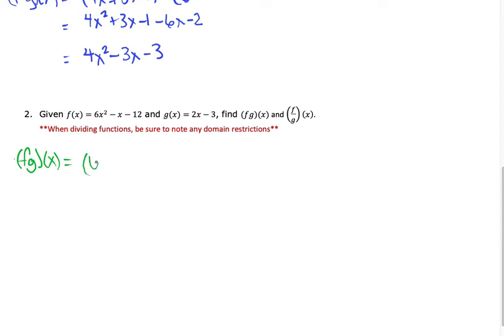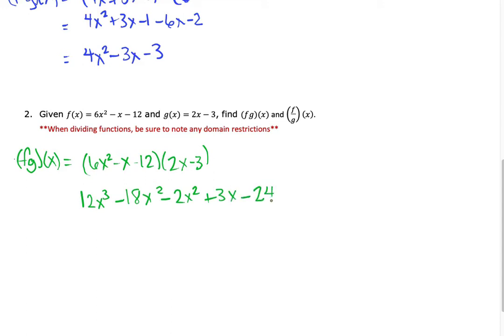So I will write this out: 6x squared minus x minus 12 times 2x minus 3. And of course I need to distribute or multiply through everything. And we've done this in previous chapters. So 12x to the third minus 18x squared minus 2x squared plus 3x minus 24x plus 36.